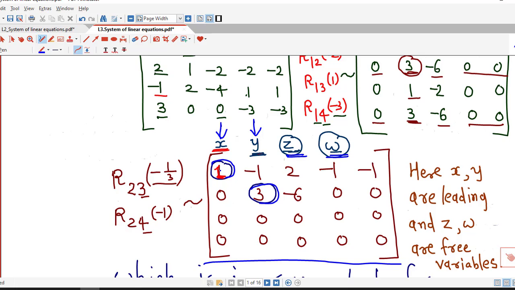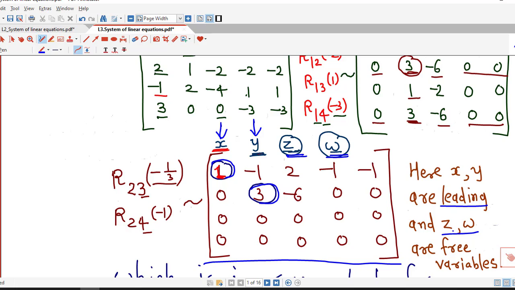So in this, x and y correspond to the first non-zero entries of the first and second row. Therefore x and y are leading variables, z and w are free variables. And if there exists at least one free variable, then the system has an infinite number of solutions. So here we obtain two free variables, therefore the given system has an infinite number of solutions.